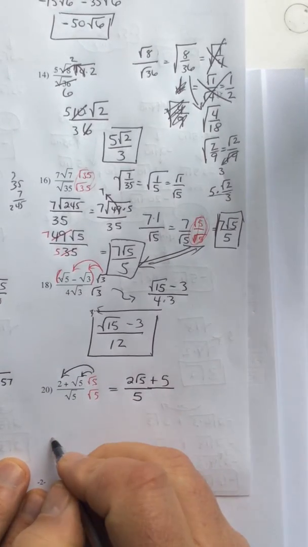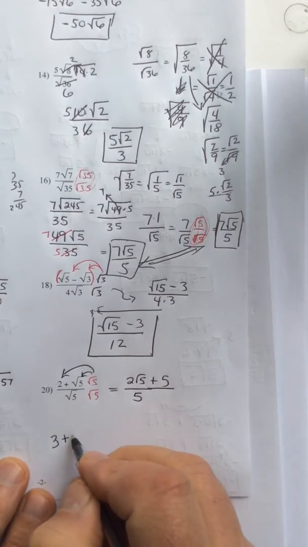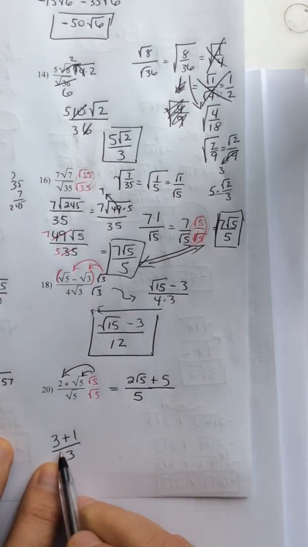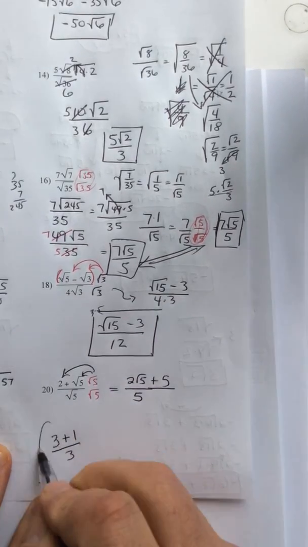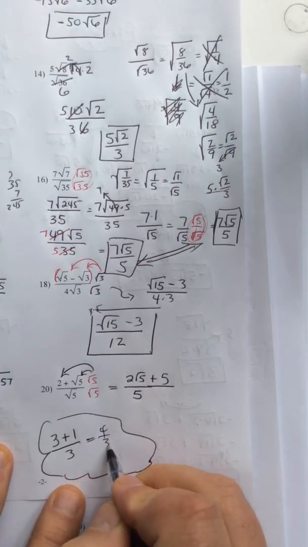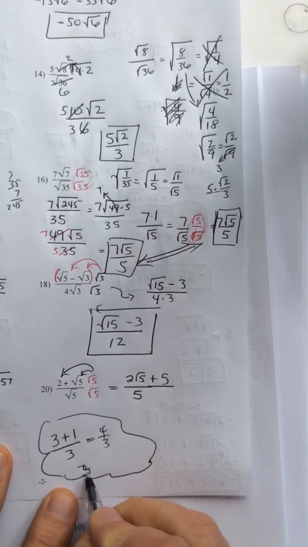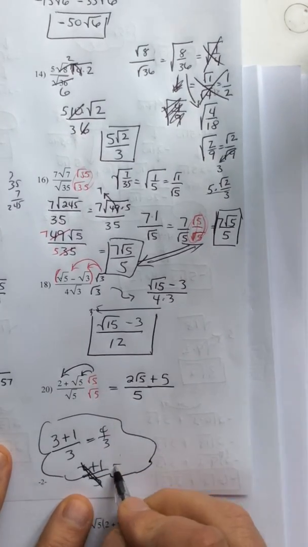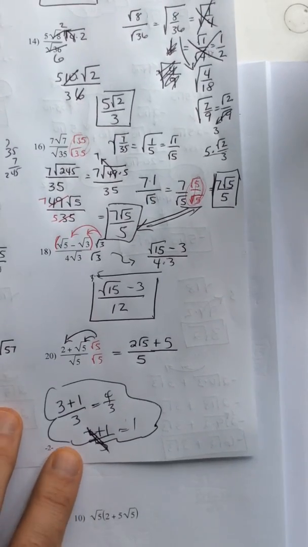Think about this. If we have 3 plus 1 over 3, everybody okay that this has nothing to do with that problem, but 3 plus 1 over 3 is really 4/3. Is it the same thing, 3 plus 1 over 3, if I cancel out the 3s? See how that's not the same?